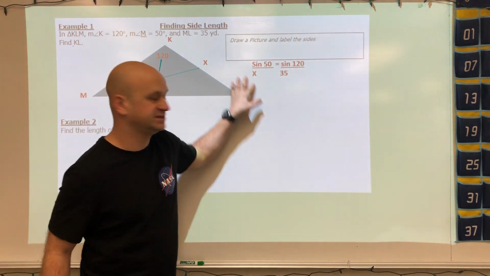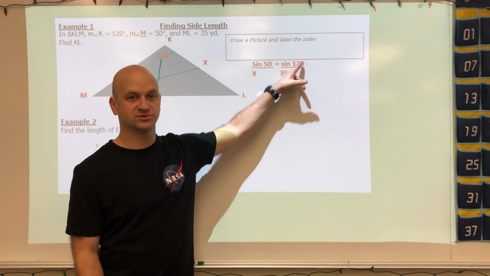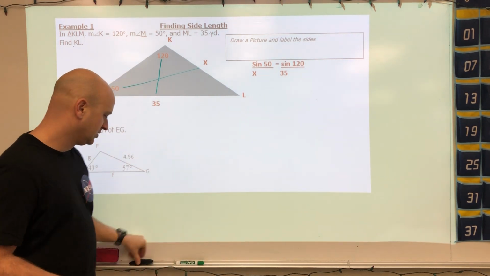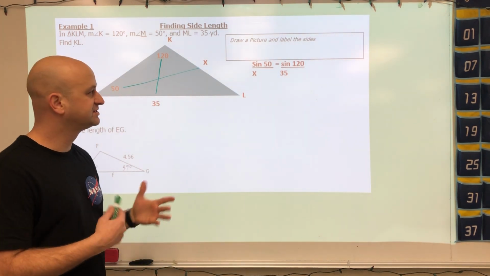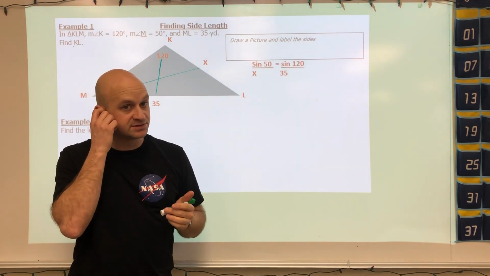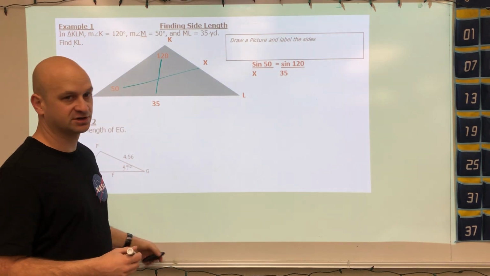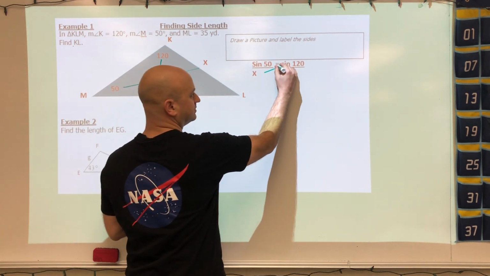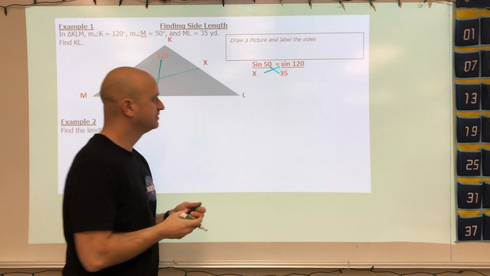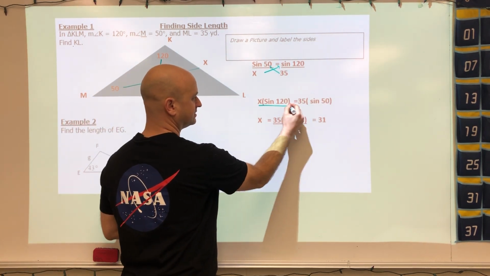And so here you see that the sine of 50 divided by x is equal to the sine of 120 over 35. Now, up until this point, we've seen variables on top and variables on bottom. And so we're going to cross multiply and divide. And so what ends up happening when we cross multiply is we do this. Okay, and then we're going to divide by this.